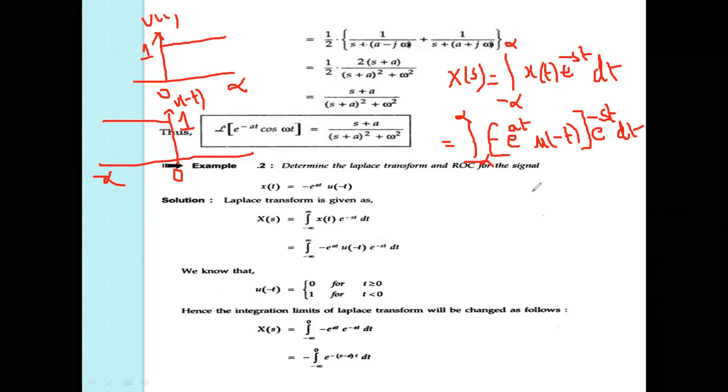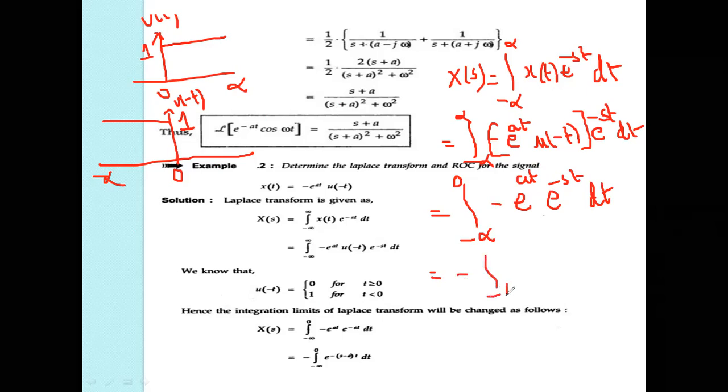So now we can change the limits from minus infinity to 0 by replacing mu of minus t with 1. So integral from minus infinity to 0 of minus e power at e power minus st dt is equal to, now both are exponentials with the same base, we can add the powers here.